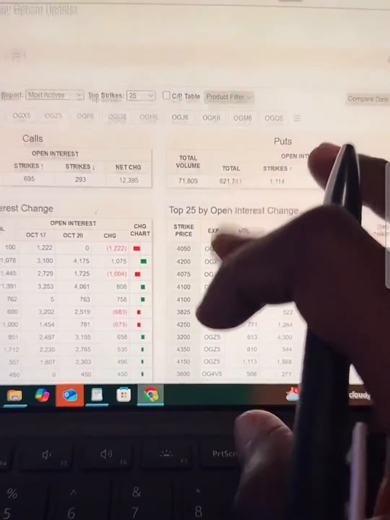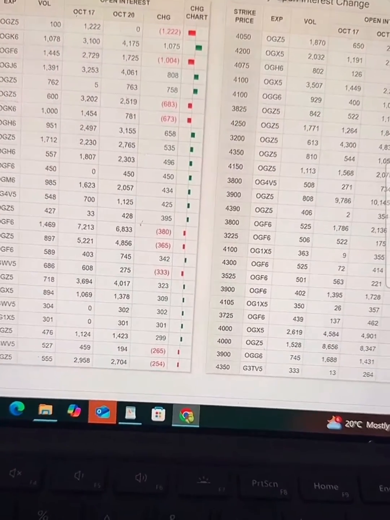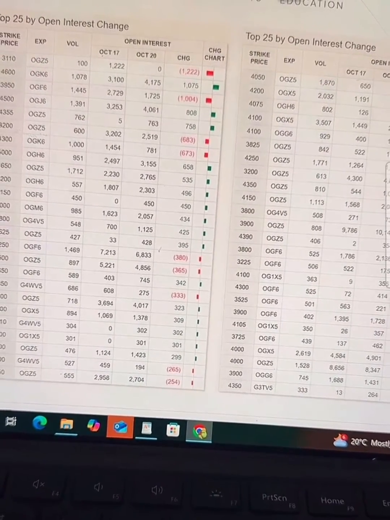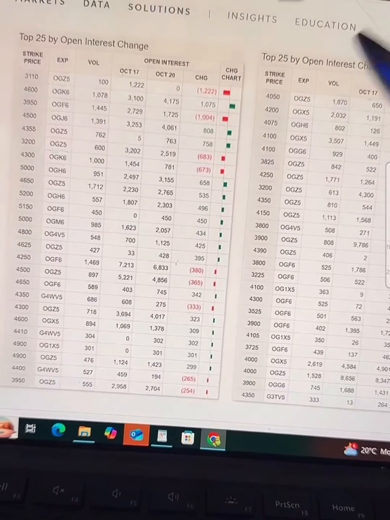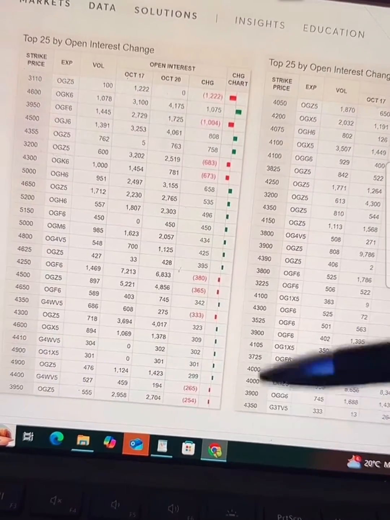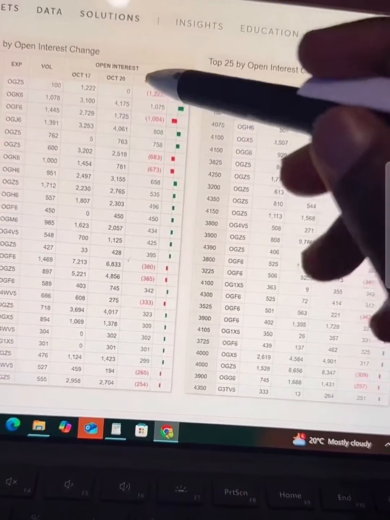So these are the most active strikes. Let's see what the most active strikes are. So we have change in volume and change in open interest here.